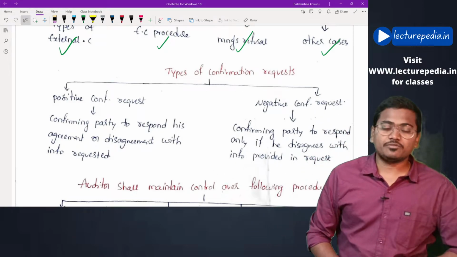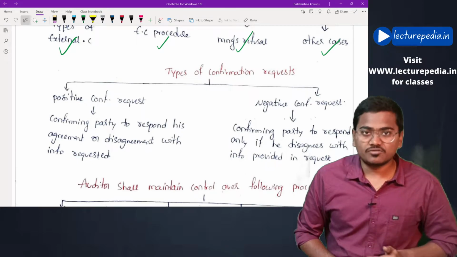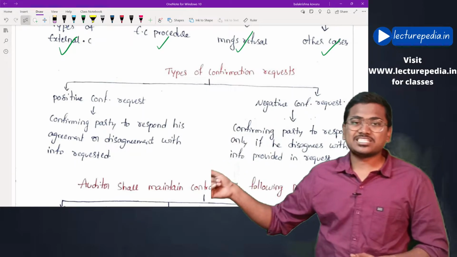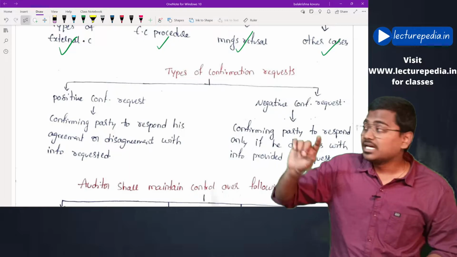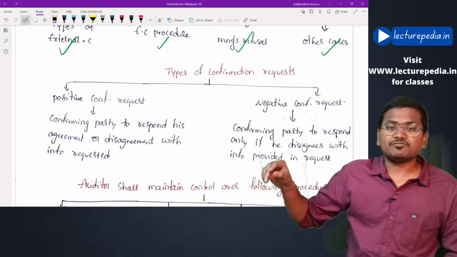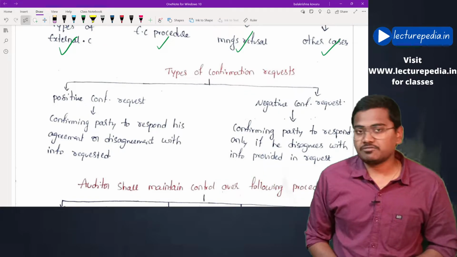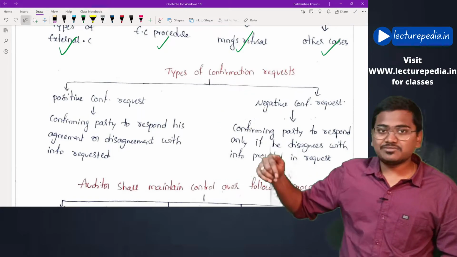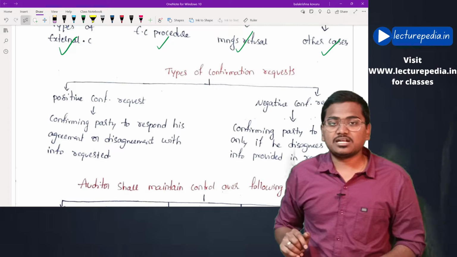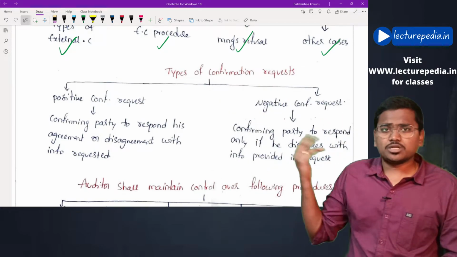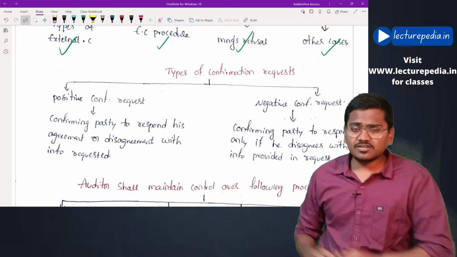Coming to negative confirmation request. In case of negative confirmation request, the third party has to respond only if he does not agree with the information that is present in the confirmation request. In case he agrees with the information, he need not respond to such confirmation request.